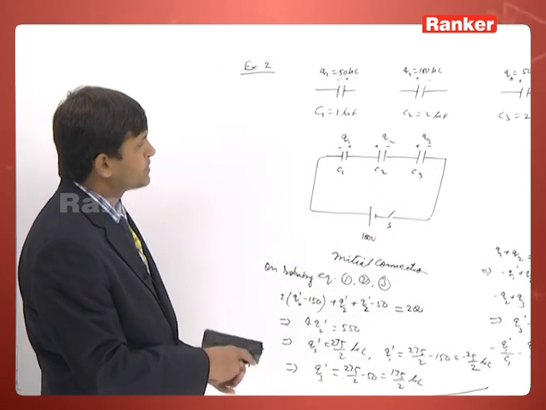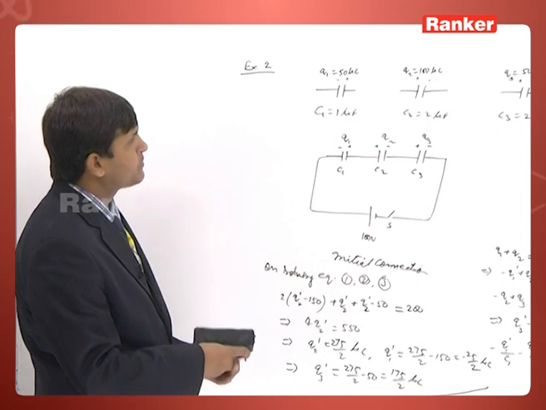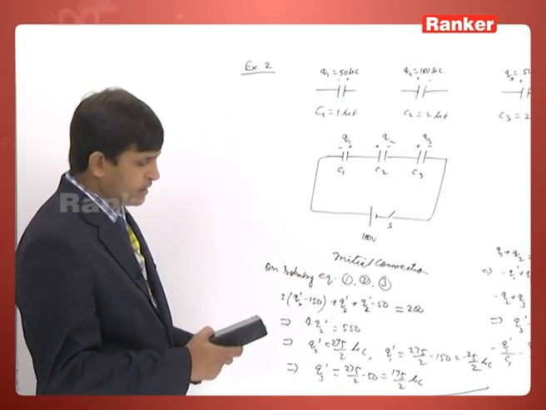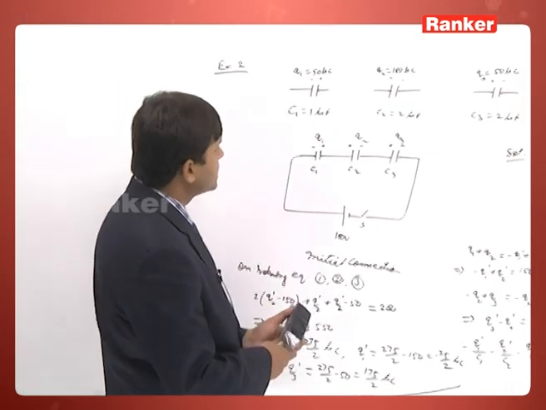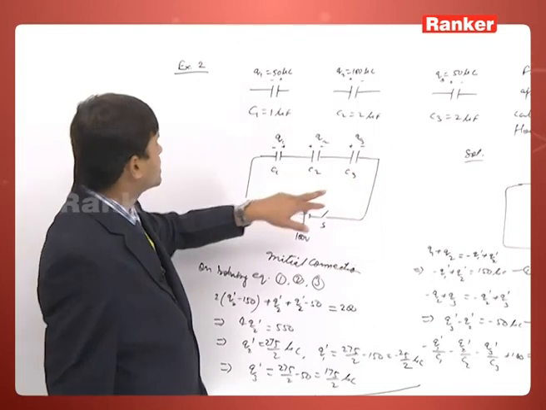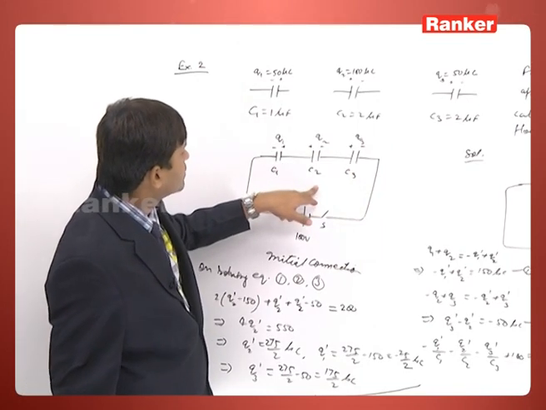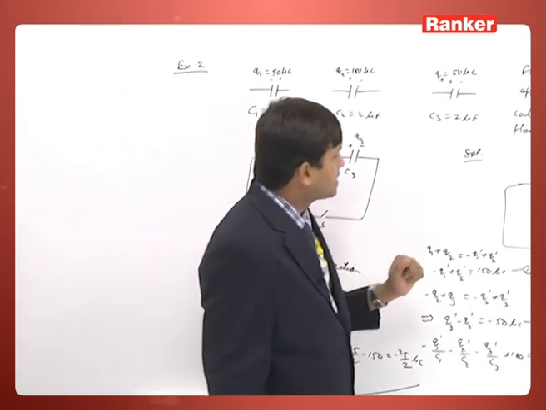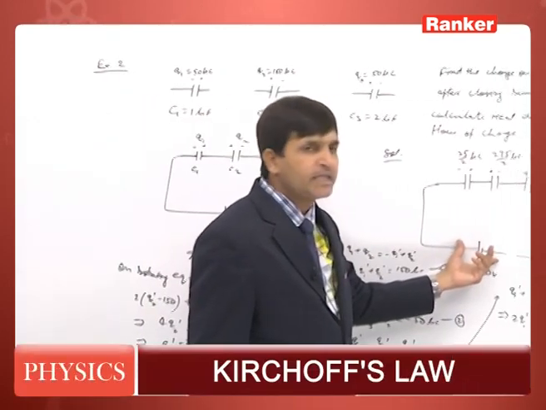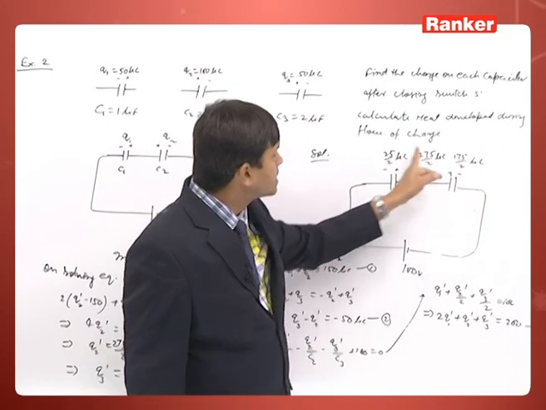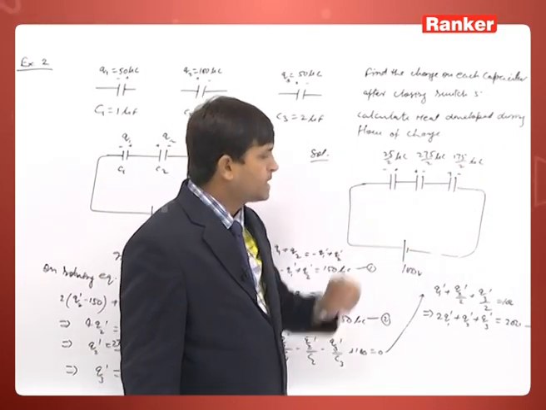Important point here: after knowing the final distribution of charge, how to calculate heat? For calculation of heat, we can use the energy conservation rule. According to that, initial energy stored, plus or minus energy supplied by the cell, is equal to the final energy stored in all the capacitors plus heat.